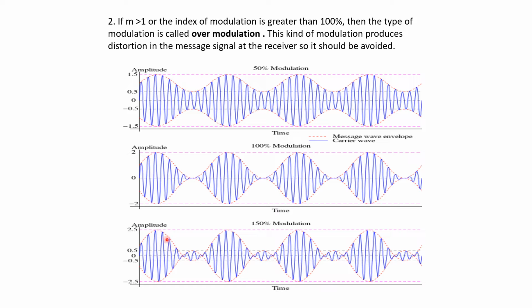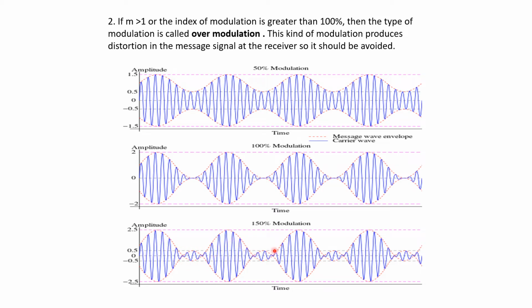So the envelopes are overlapping. The positive side is going to the negative side, and the envelope of the negative side is crossing over to the positive side.